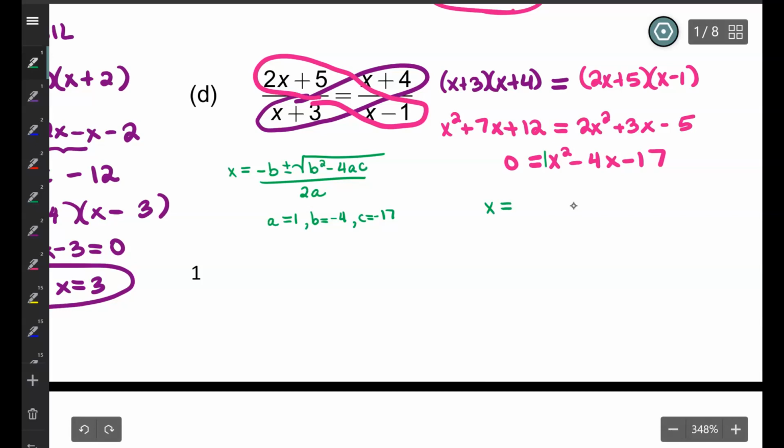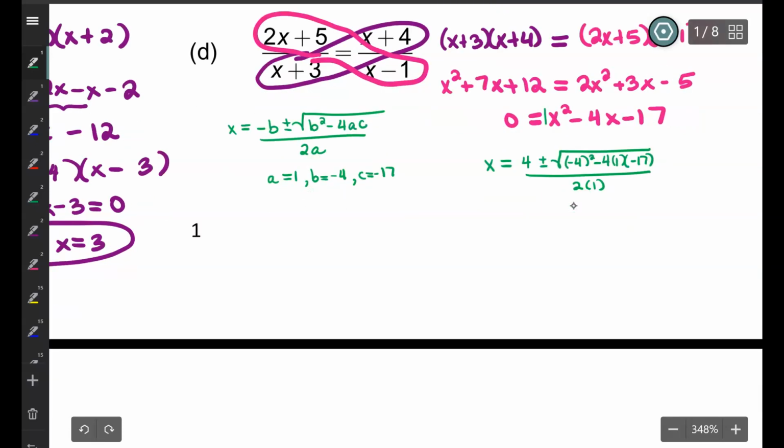So it's x equals, so it's the opposite of b, so since b is negative 4, we're going to make that a positive 4, plus or minus the square root, and then it's going to be b squared, so that's going to be negative 4 squared minus 4 times a, which is 1, times c, which is negative 17. And then all over 2a.